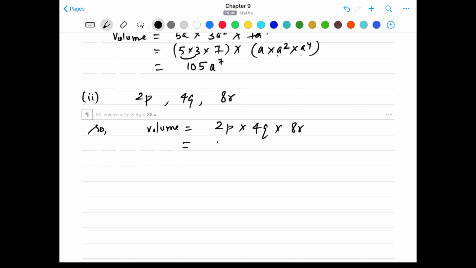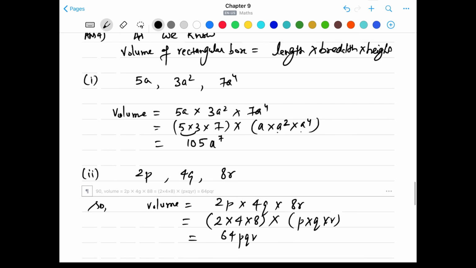That is, first we'll multiply all the numbers, that is 2 into 4 into 8, and close them inside the bracket. Now we'll multiply all the variables, p into q into r. Okay, this 2 into 4 is 8, 8 into 8 is 64. This p into q into r will give us pqr. So that's the volume for the part second.